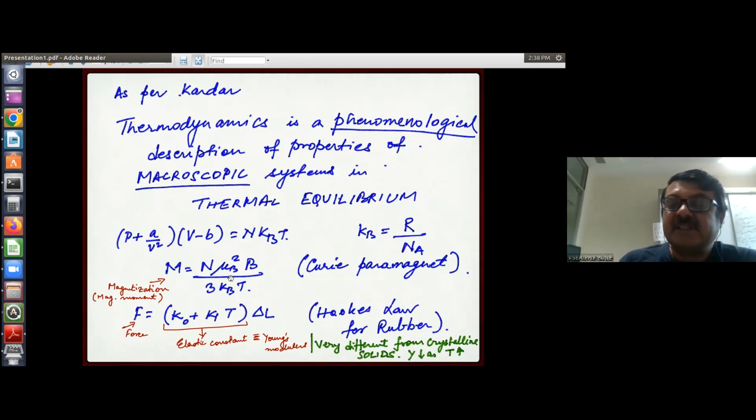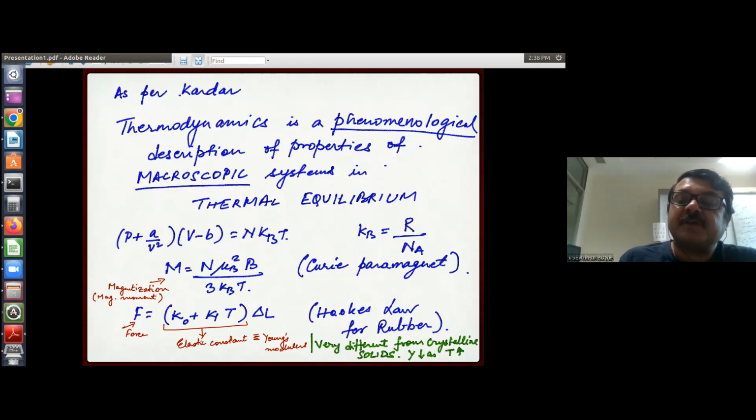But k_B T, higher temperature, also leads to fluctuations. In thermodynamics, we typically don't talk about fluctuations, but in stat mech we will, as a consequence of which it decreases the ordering.